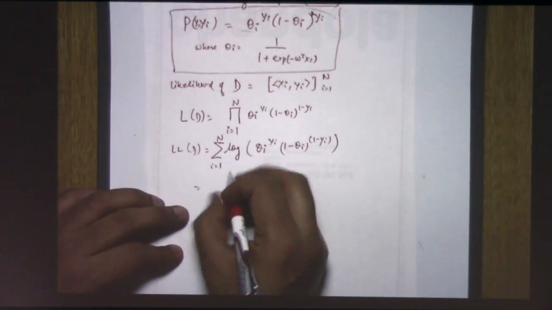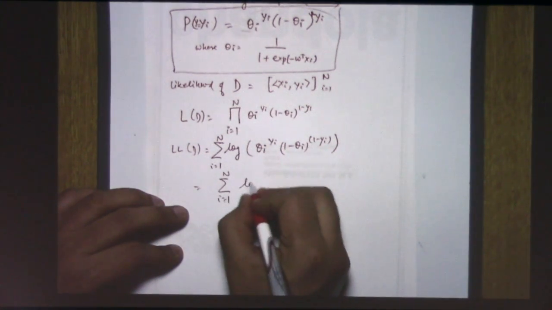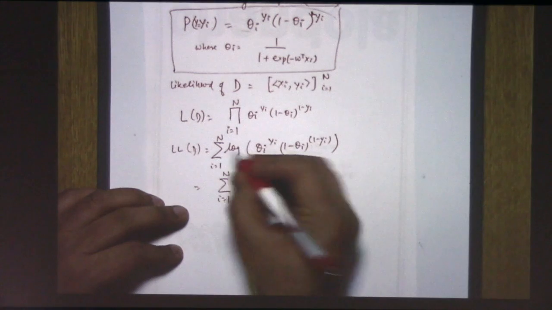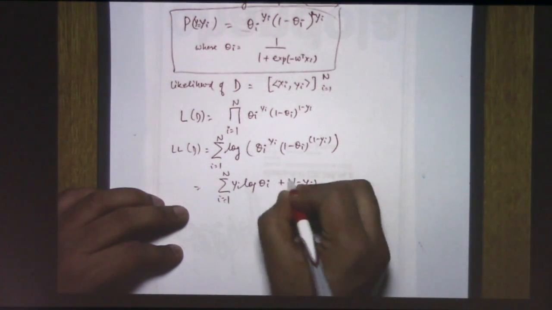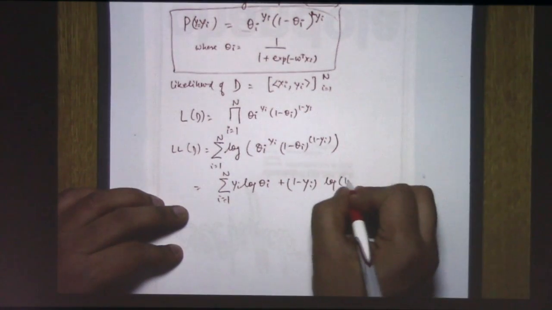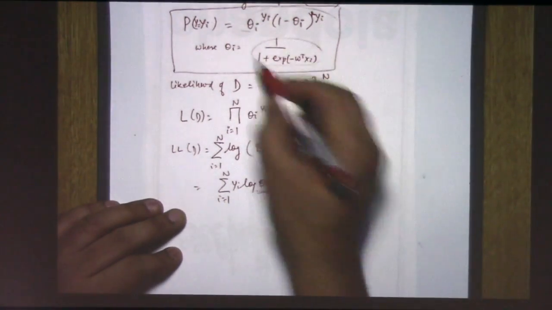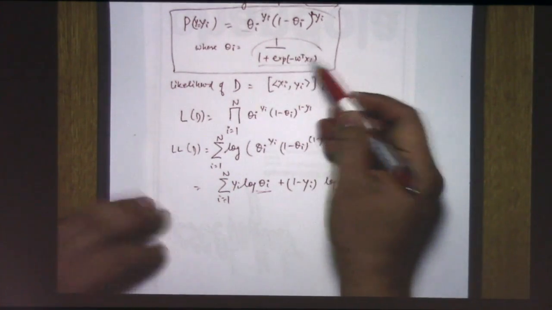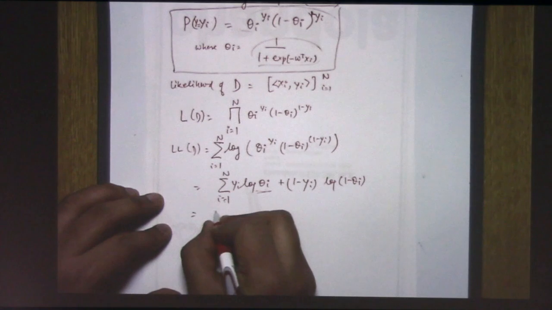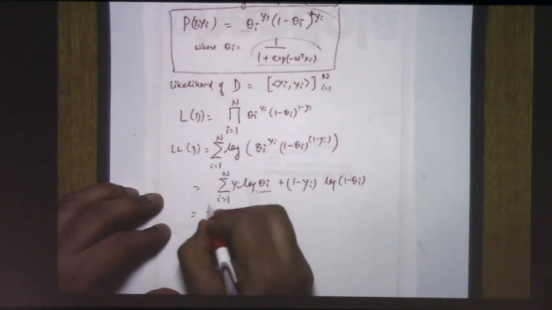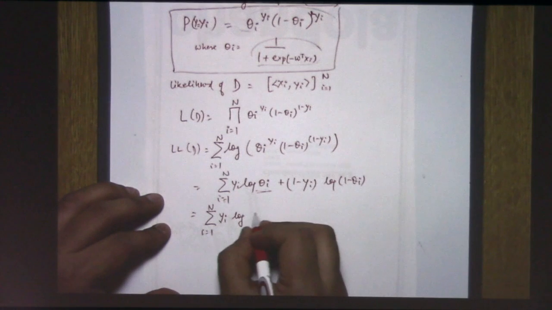And you can open this up with the log. The summation i equal to 1 to n becomes yi log theta I, plus 1 minus yi log 1 minus theta I, right? Where theta I is always this. So theta I can be computed using w and xi, right? So if I want to be a little more particular, I will do that.